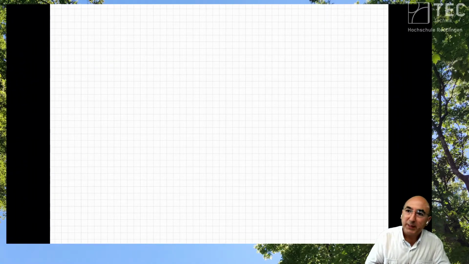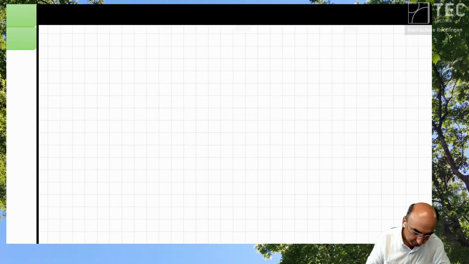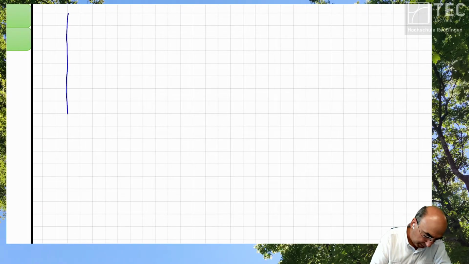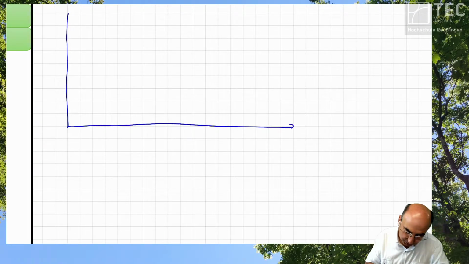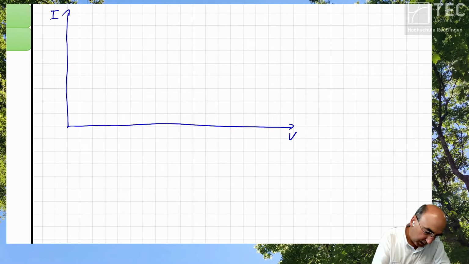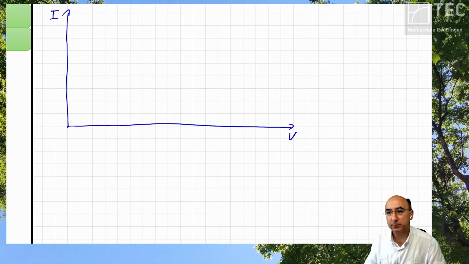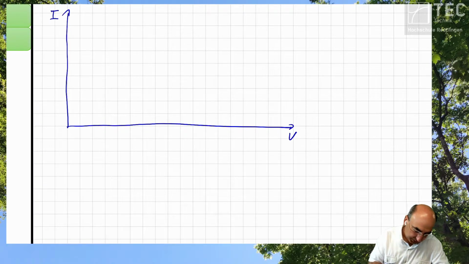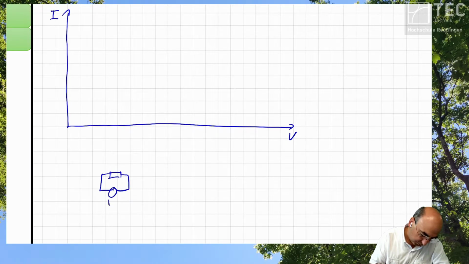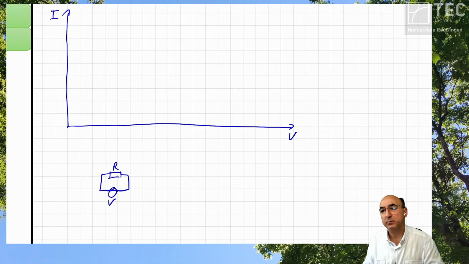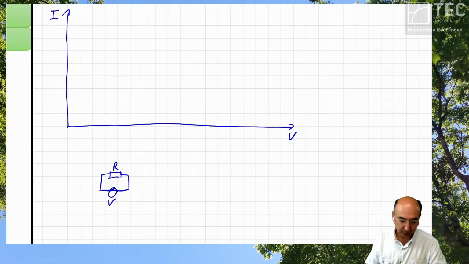Just take a blank sheet and say, okay, I'm now using voltage, current over voltage characteristics. I do this characteristics with an ohmic resistor.